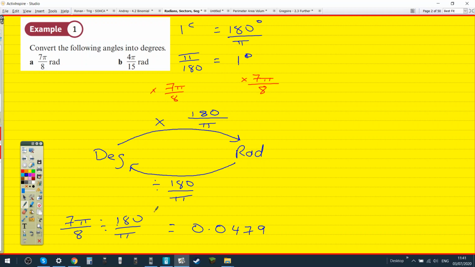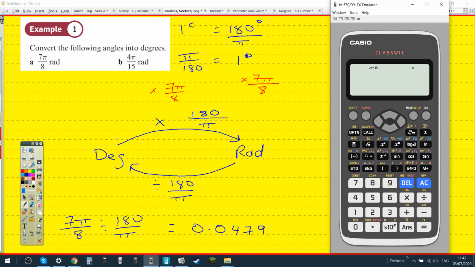Wait, I'll go back again and do it. Do it as divided by pi over 180. No, I think it should be divided by... No. Divide by. Oh, we'll give it a go the other way. Divide by pi over 180.